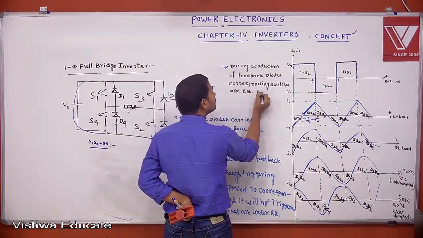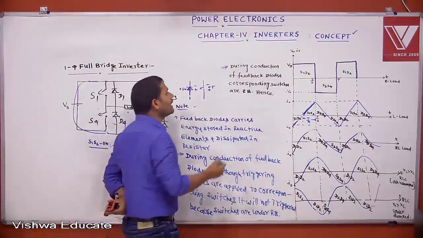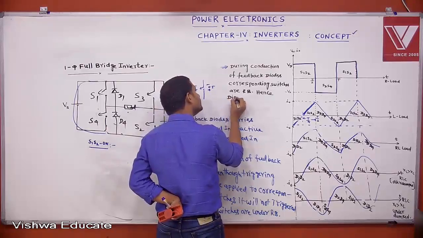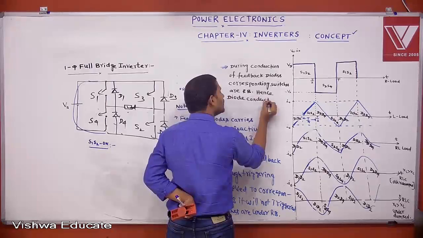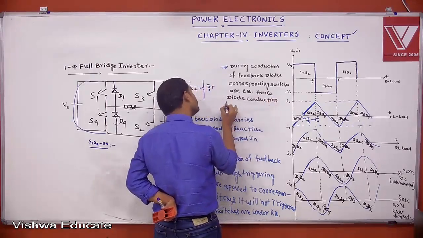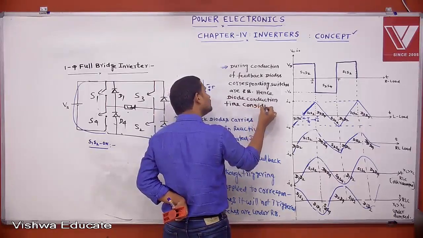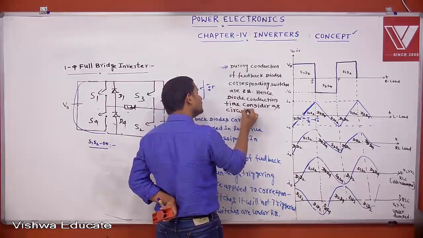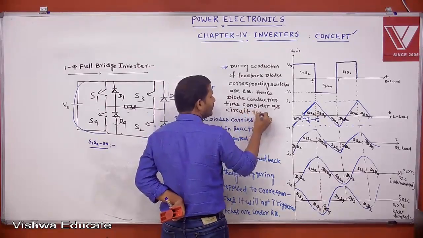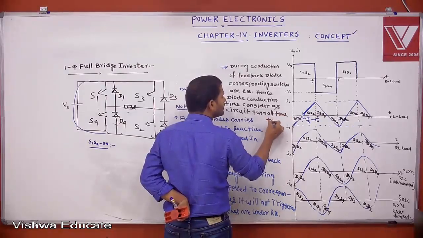Hence, diode conduction time is considered as circuit turn off time, TC.